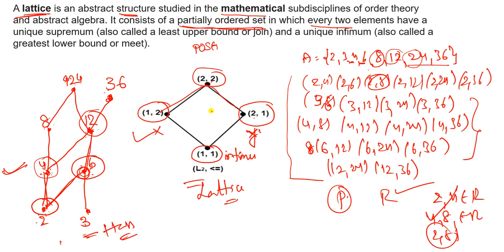The diagram should be like this. Hope you understand. For example, 8 and 12: what is the supremum? 24. What is the infimum? 4. So the upper bound is the supremum 24, and the lower bound is the infimum 4. Like this we have to draw. So this is a poset and this is a Hasse diagram.